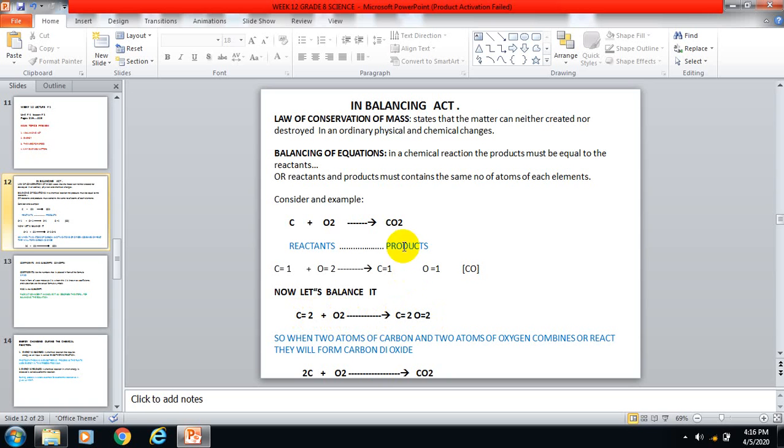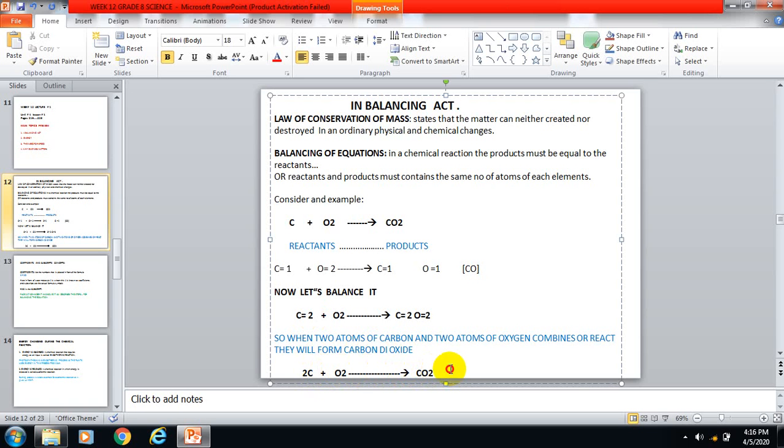So here we can call it carbon dioxide. When 2 atoms of carbon and 2 atoms of oxygen react, they will form carbon dioxide. Here, 2C plus O2 gives CO2. Got the idea? That is the balancing act. Practice over it, it is so easy.